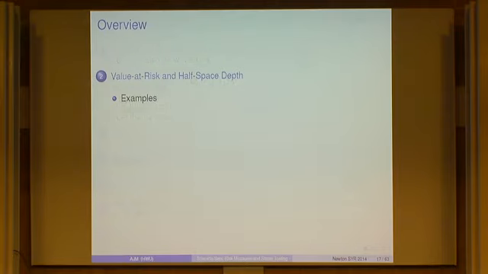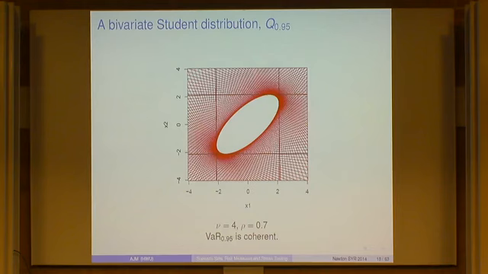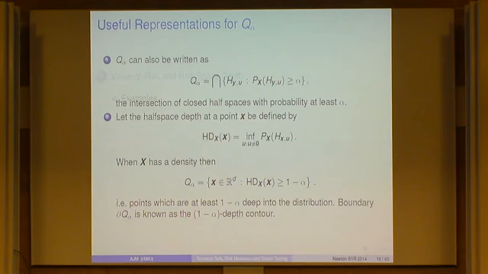I think now that by doing examples, we get the insight we need. So let us start with a distribution which is actually elliptical and take a bivariate Student distribution. I'm using this representation here. I'm going to draw the intersection of half spaces that have probability at least 95%.